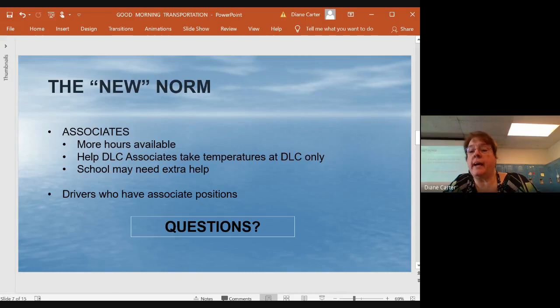If a driver is high risk, age 65 or older, how is that going to be handled? Any driver has the right to bring in a note from the doctor that says that they are too high at risk and cannot work, and it will be honored.